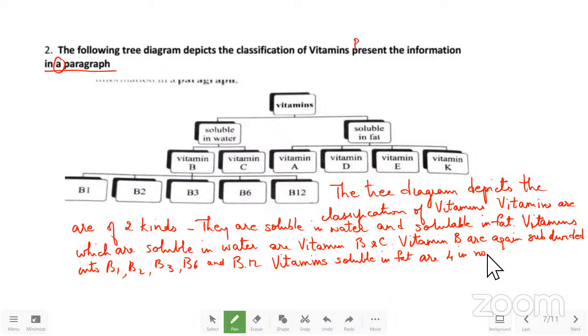Are 4 in number, they are vitamin A, D, E, and K. That's it. One small paragraph. But write it in one paragraph. When they say a paragraph, remember it is only one paragraph. You split it up, you'll get marks only for the first paragraph, and the second paragraph is cut off.